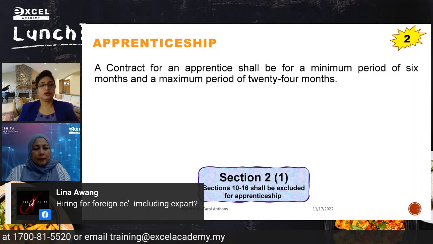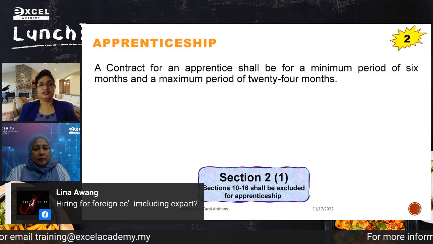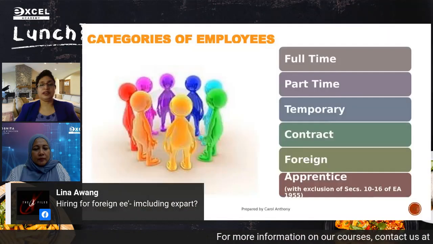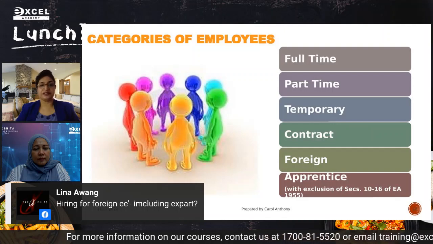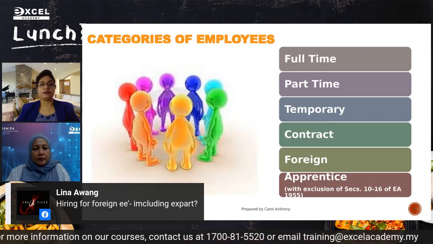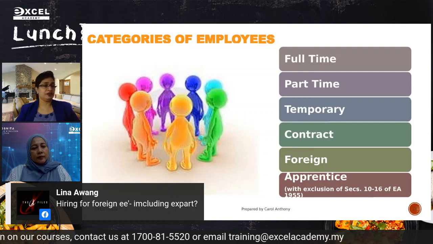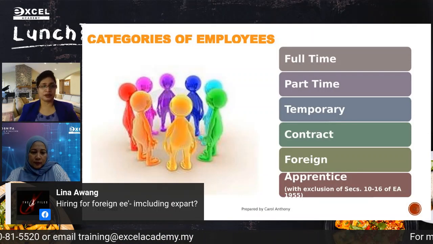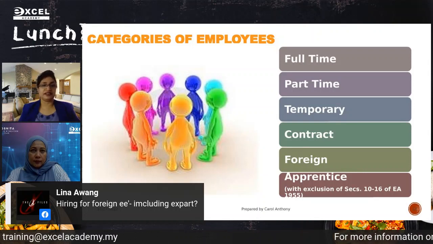Okay, there's another question. Here is included foreign employee. Foreign employee is different from expatriate. Expatriates are professionals who come in. Usually their category of salary should be 5,000 and above, and they are under the professional category. They are not included under this Act.